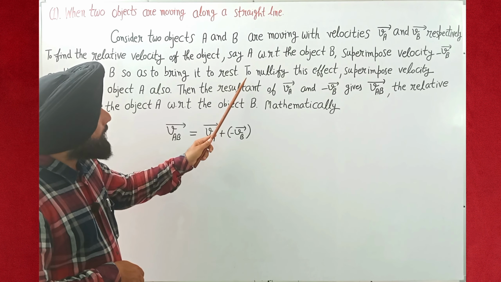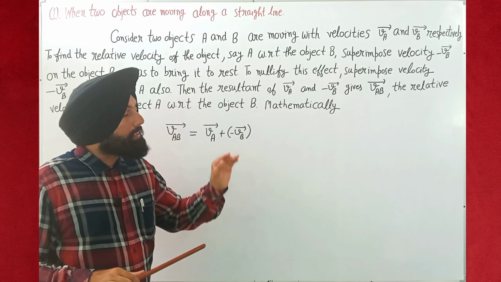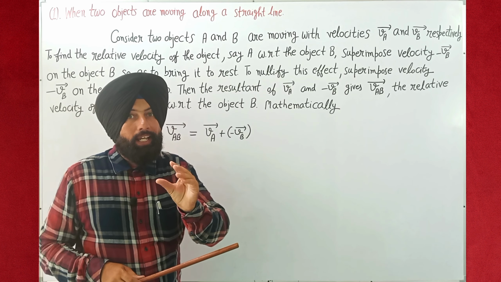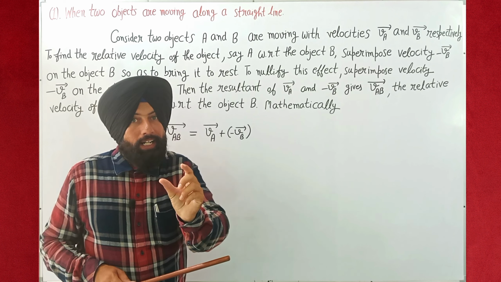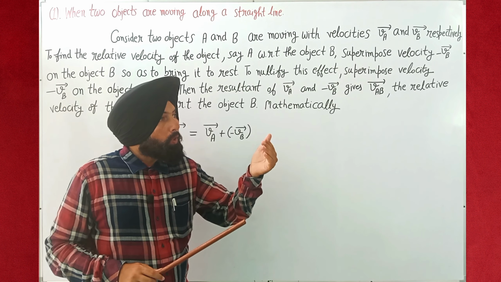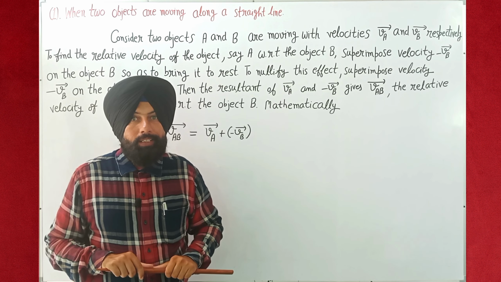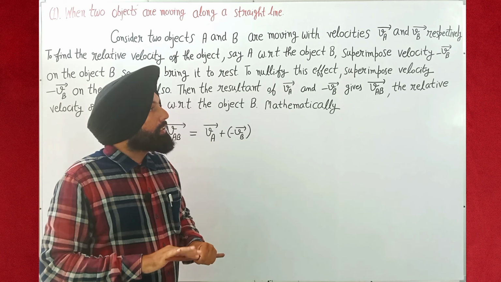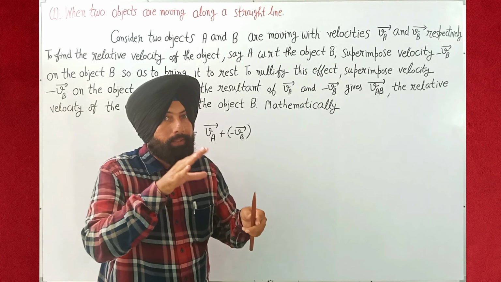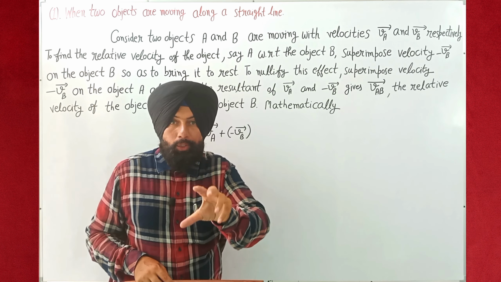Further, it will affect our result of the situation, because both the objects are moving. On superimposing, we have made body B at rest, but actually it is moving.